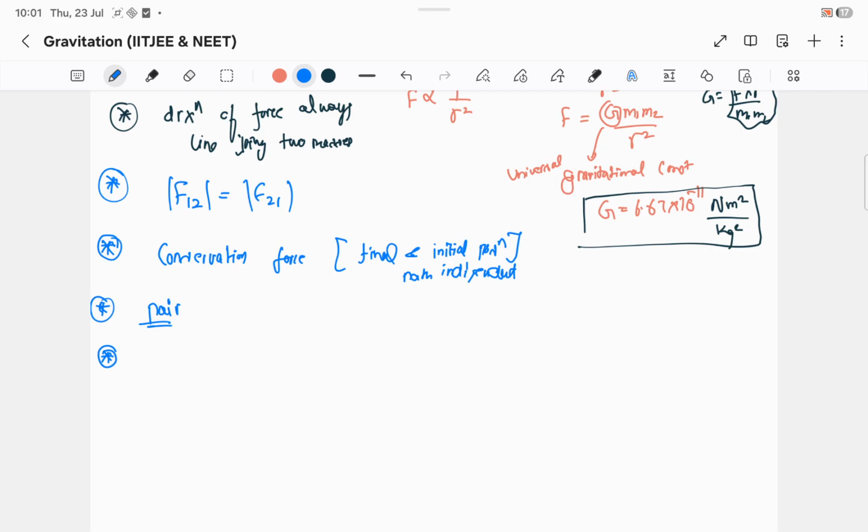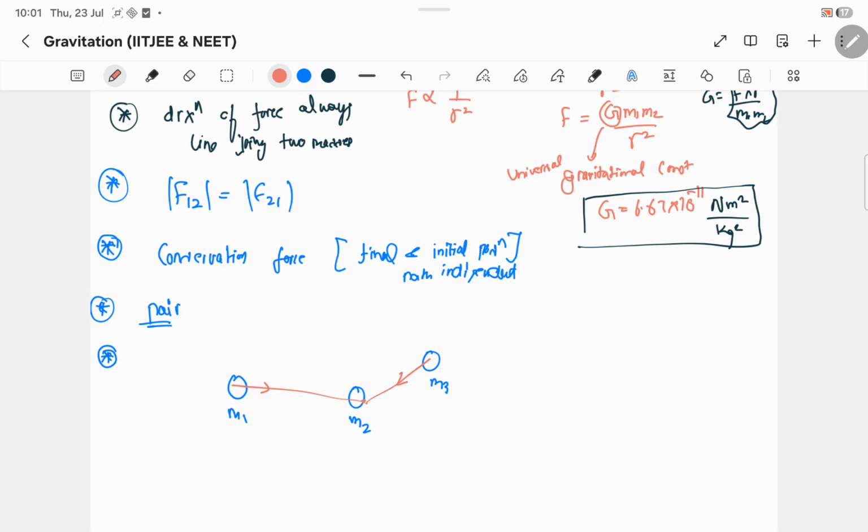Suppose I take 2 or 3 objects. This is m1, this is m2, and this is m3. Every object will be attracting every other object. So m2 will attract m1 along their line joining, so it will be like this, and m2 also attracts m3, like this.